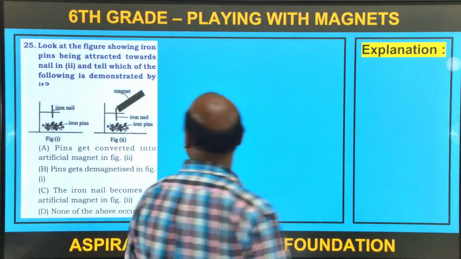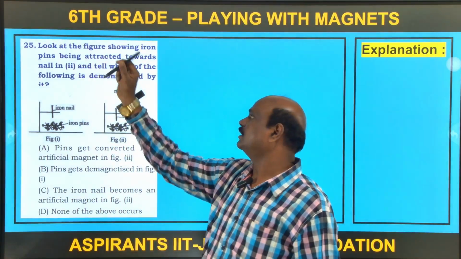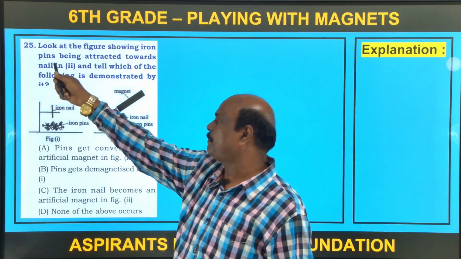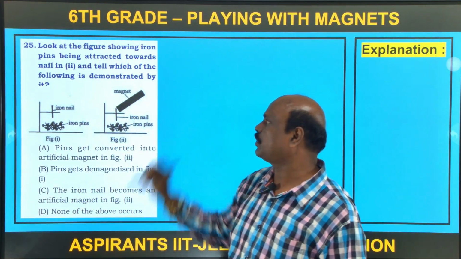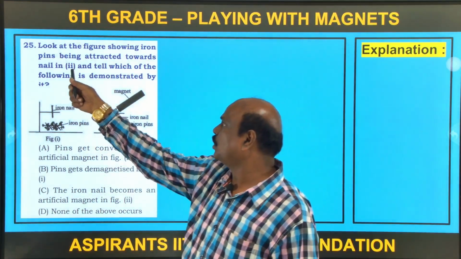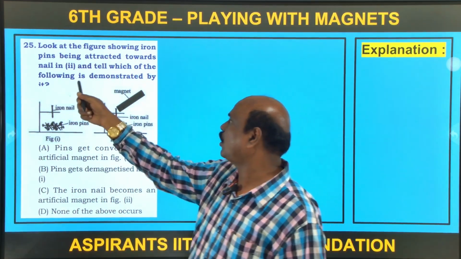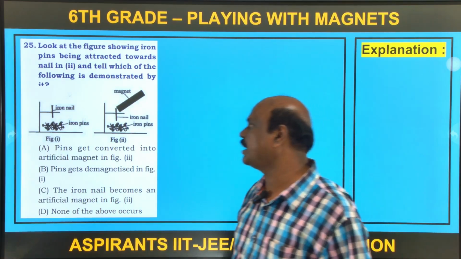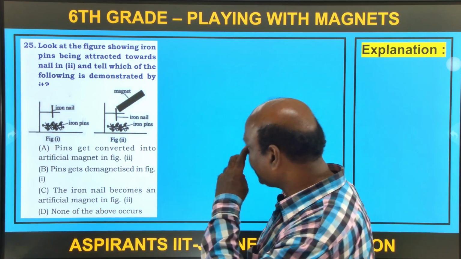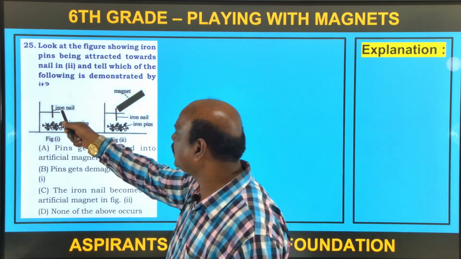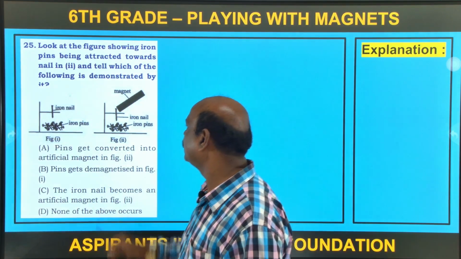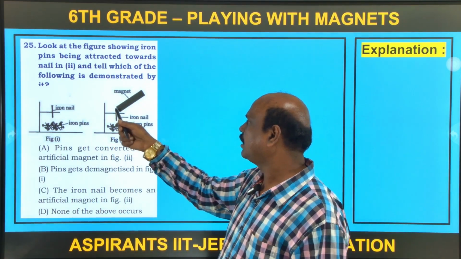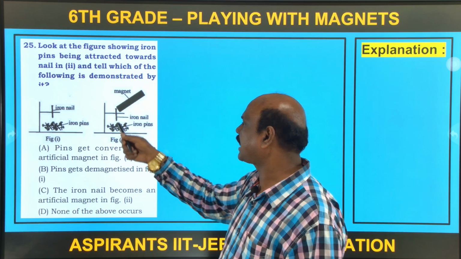Well, let us see once again this question. Look at the figure shown. Iron pins are being attracted towards the nail in figure 2. Tell which of the following is the demonstration for it. Means which is showing about the magnet. So here you will see that in this case the iron pins are not attracted. But when you bring the magnet here with the same iron nail, they are attracting.